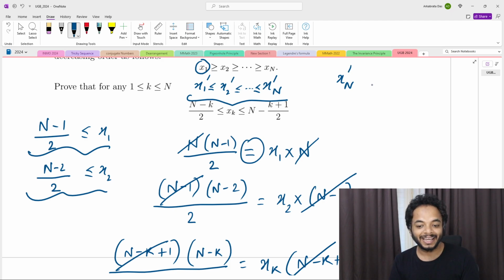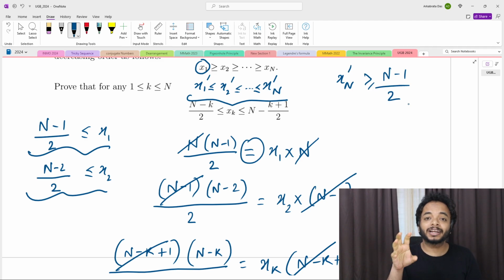So we can then say that since the minimum possible value of x1 was capital N minus 1 by 2, so xn dash will also be greater than or equal to capital N minus 1 by 2.